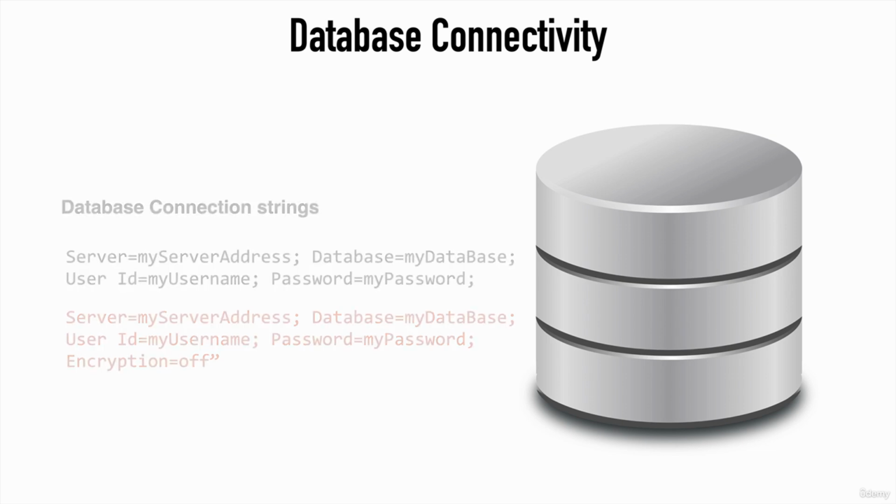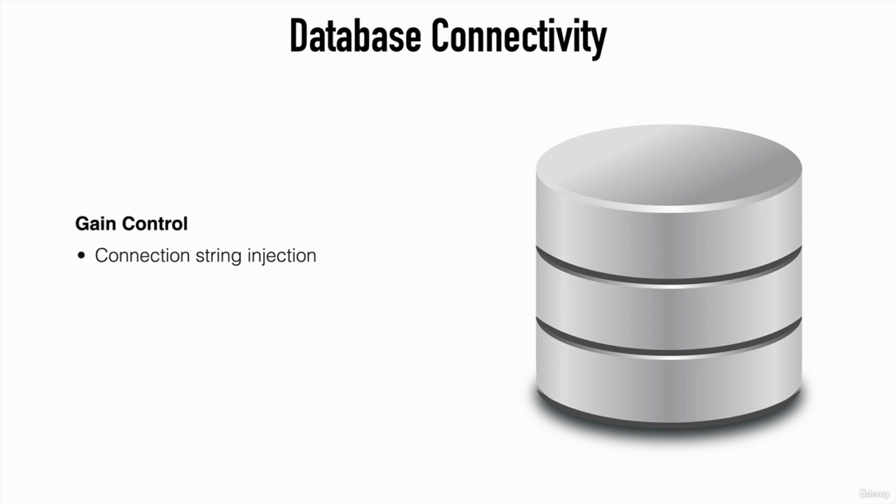And these attacks are used to gain control in some unauthorized way. We can also use these types of attacks for credential hijacking, where we are using parameters here to bypass authentication measures that may be in place, essentially giving us access to the data without ever authorizing. So that's a big reason we would see connection string attacks used.